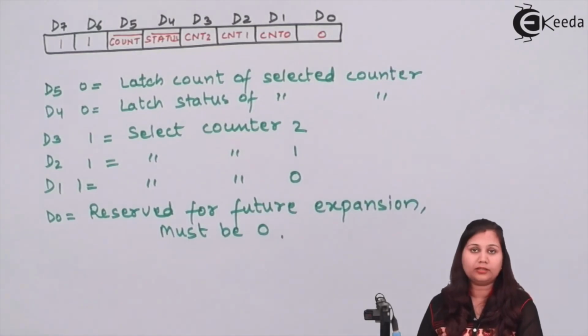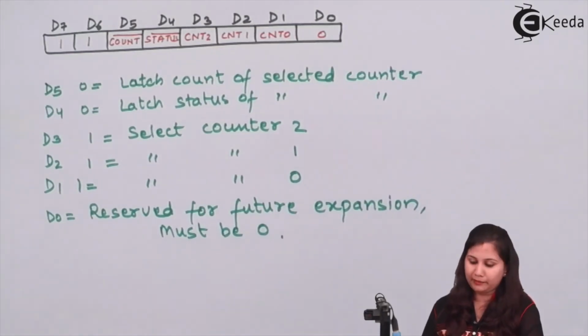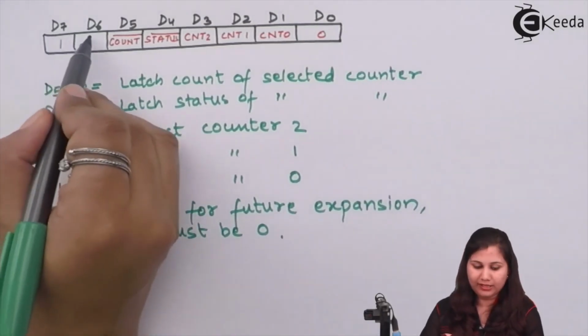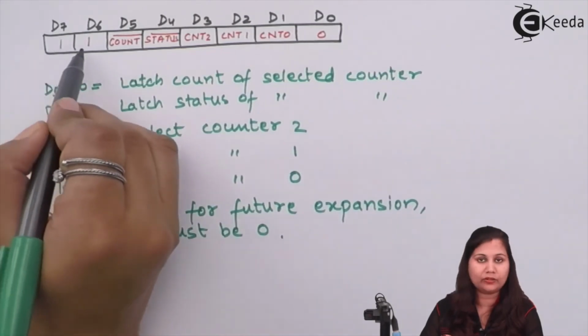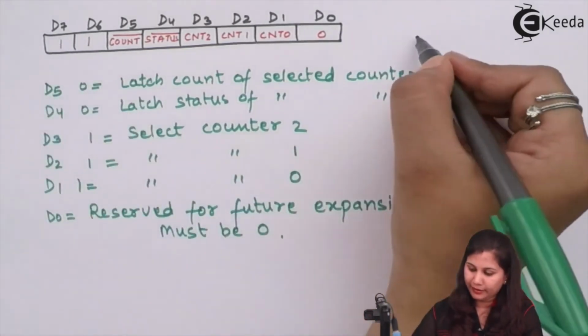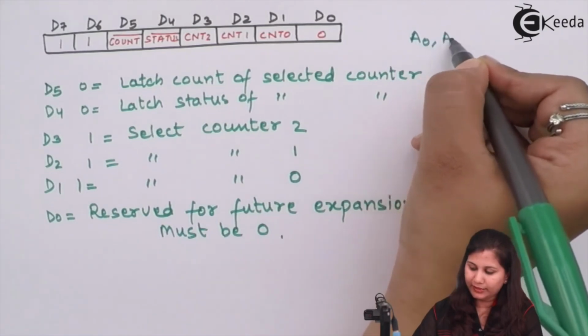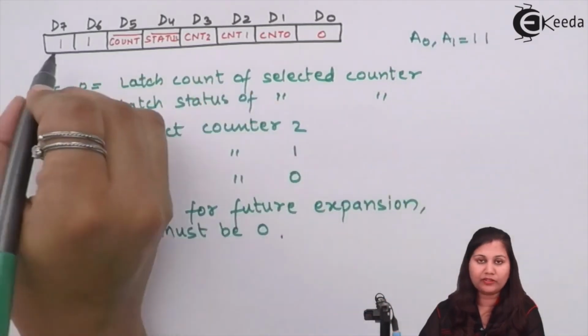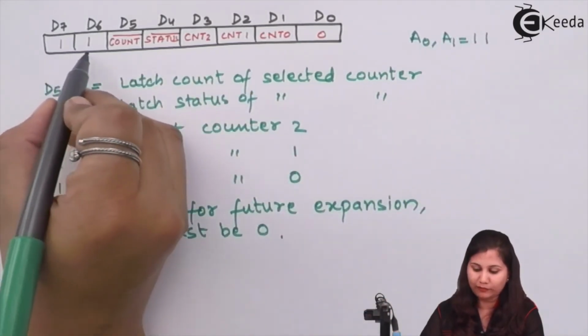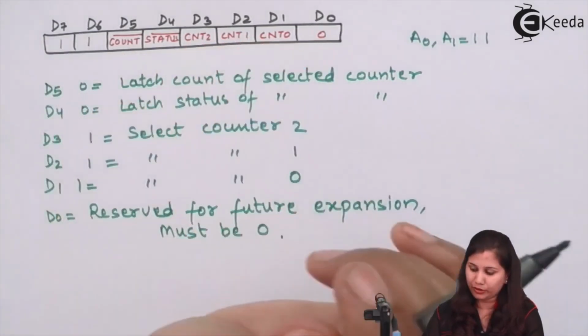The control word for this read back command is that D7 and D6 are always put at 1 and 1, and the A0 and A1 lines are 1 1. So here we have D7 and D6 as 1 1 for the read back control command.